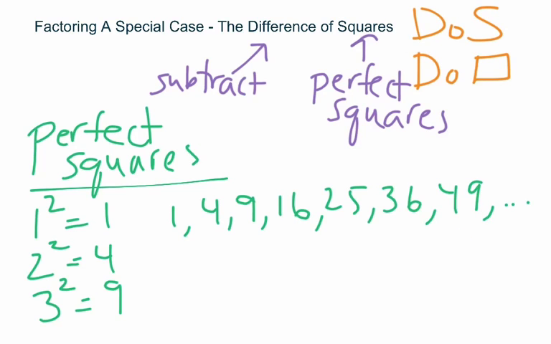Now, also considered perfect squares would be something like x squared, because x squared is the result of x times x, or y squared would be the result of y times y. So when you have a variable, that would also be considered a perfect square.